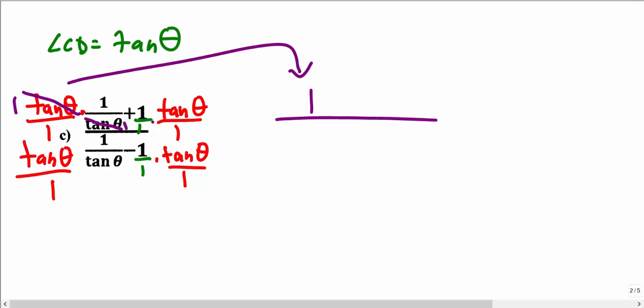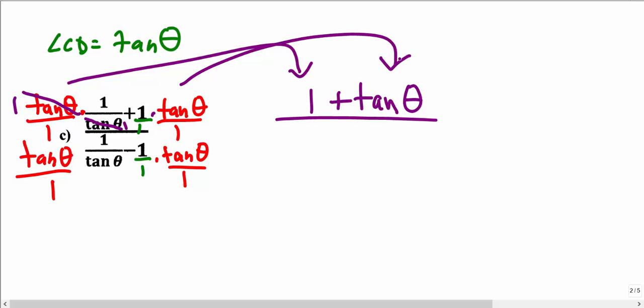The second term, nothing cancels out for that multiplication. We just have 1 times tangent theta. So that would be plus tangent theta. The 2 terms on top are reducing, we're getting rid of those fractions that were present. In the bottom left, tangent theta and tangent theta will cancel out.